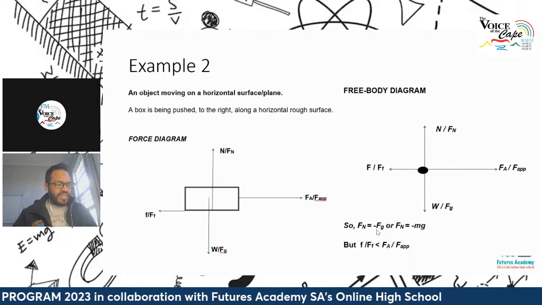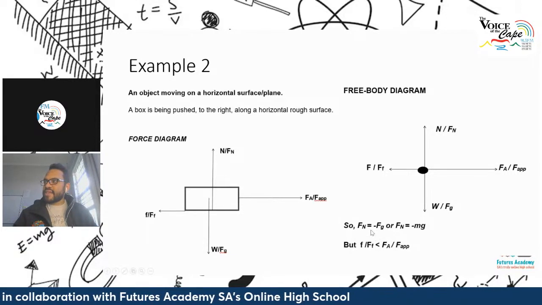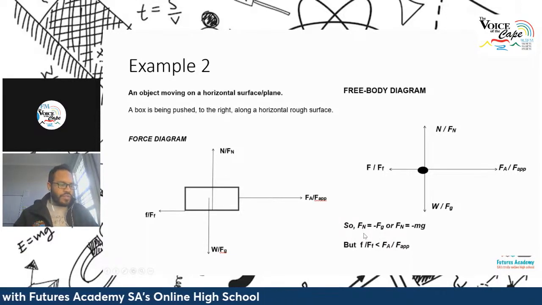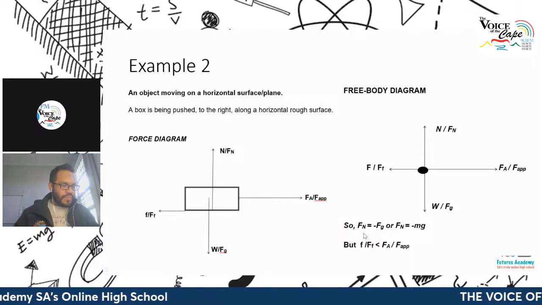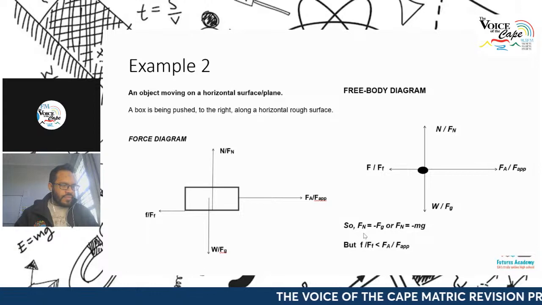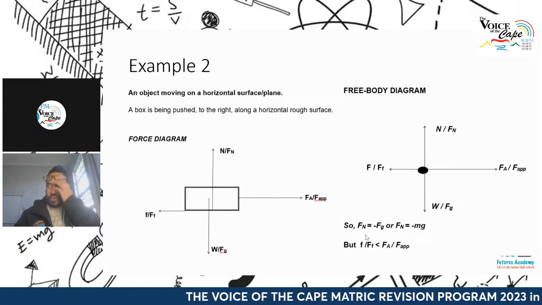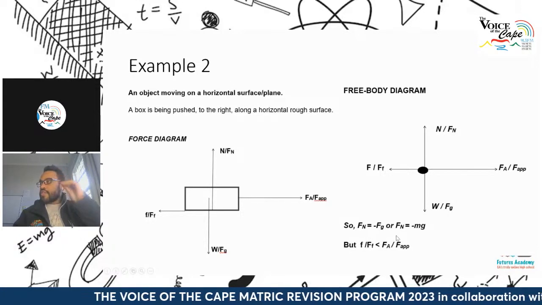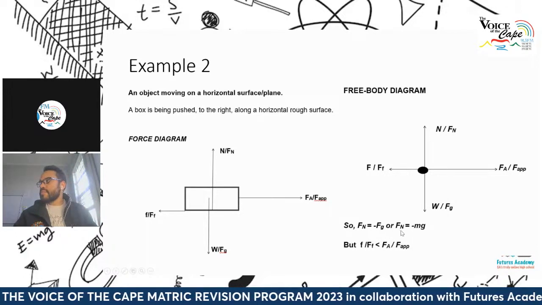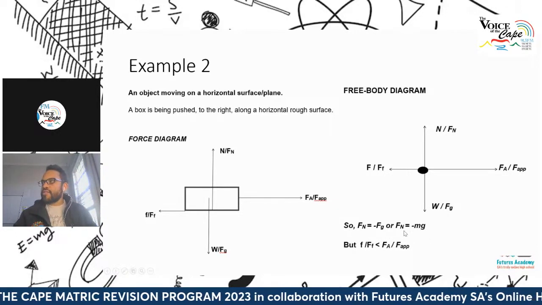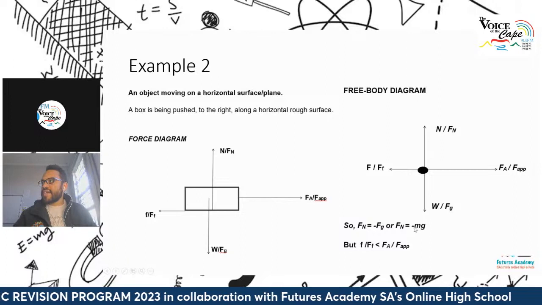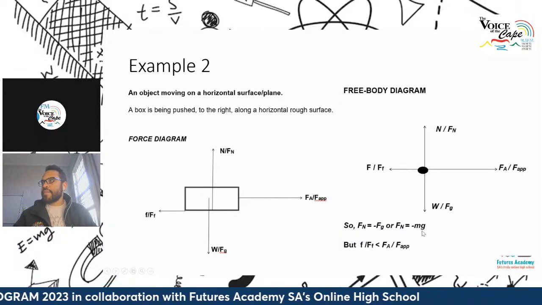So placing the negative in front of it will give us the direction of the normal force. Okay, that's number one. Number two, obviously if you calculate the normal force here, its magnitude will be minus m times little g.